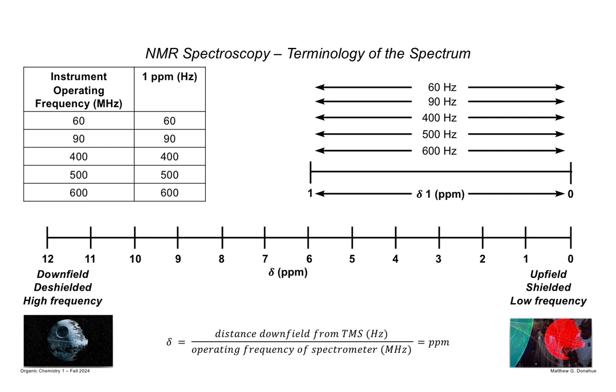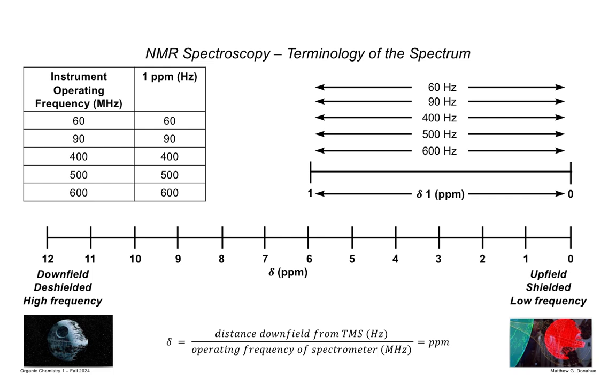And so all the functional groups that you've learned lie within there. Remember, carbon was 0 to 220, so you have a much wider spread. What happens in proton NMR is you get functional groups overlapping, and it's harder to sort of suss out what belongs to what. But as you increase the operating frequency, you get better resolution.